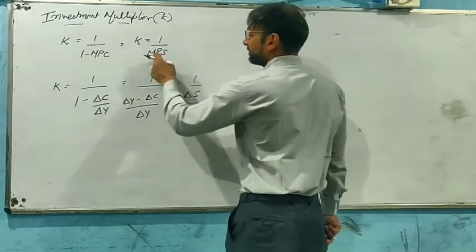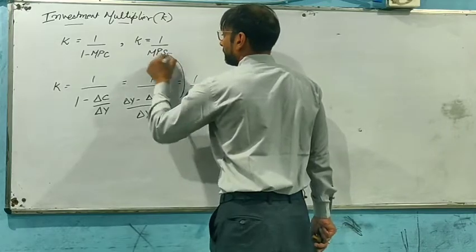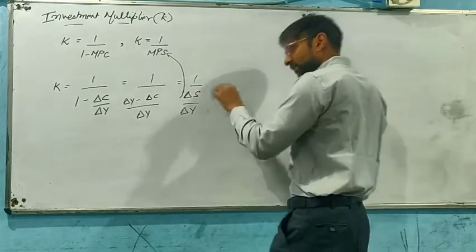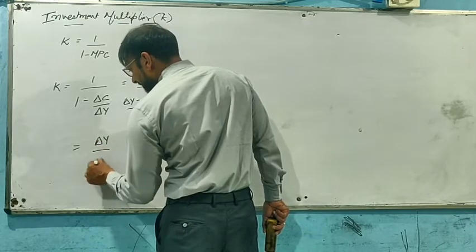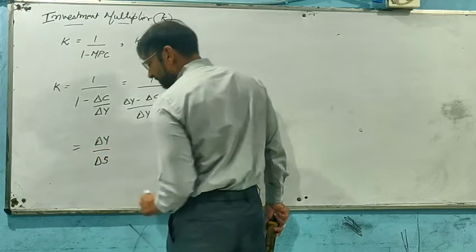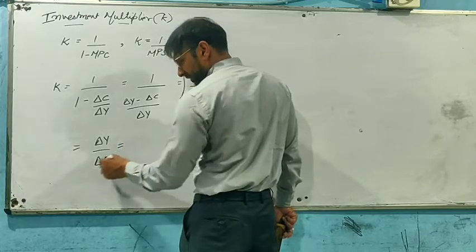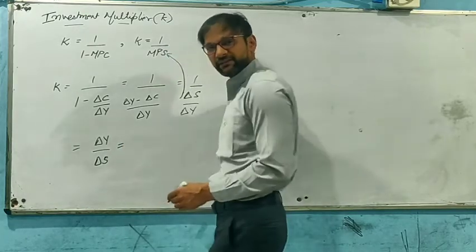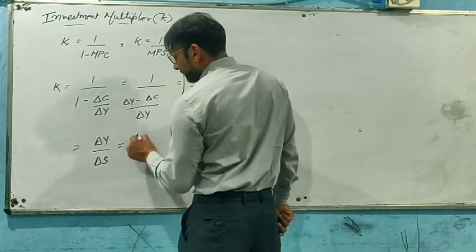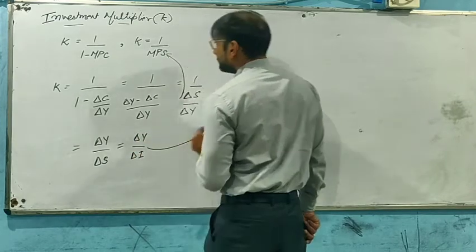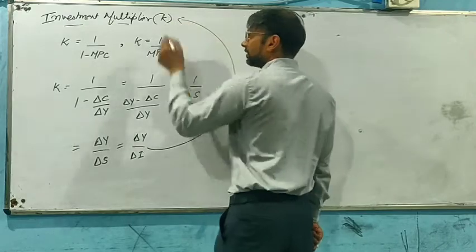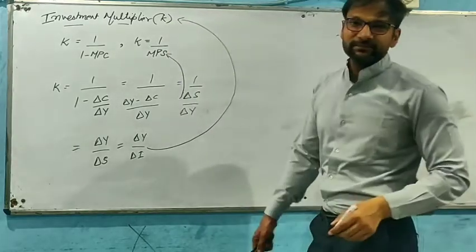Now, it gives us the formula of 1 upon MPS. If we further take the reciprocal, we will obtain delta Y upon delta S. Since in equilibrium, saving equals investment, delta S equals delta I, so we can also say delta Y upon delta I will be the formula for investment multiplier.